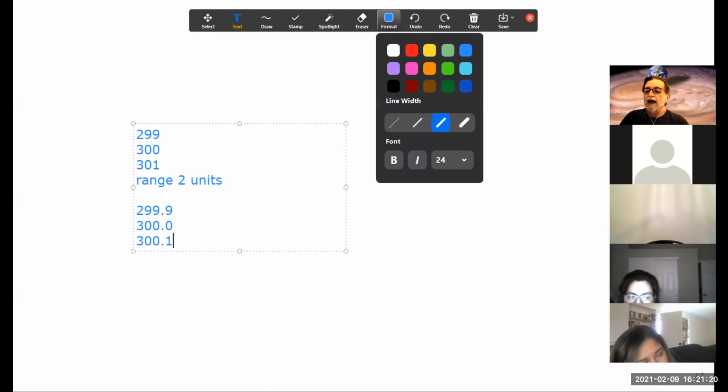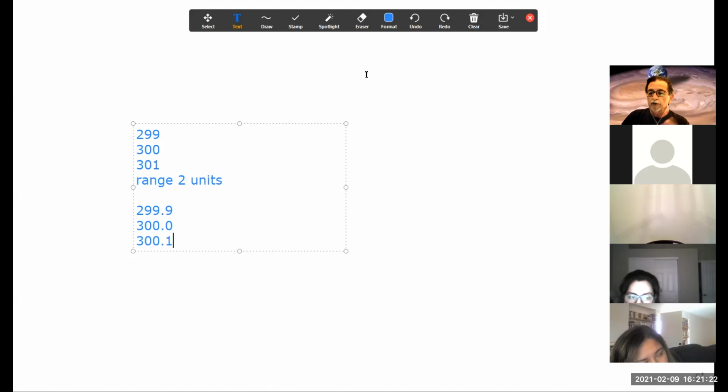So the second number offers more accuracy. It doesn't offer more value because 300.0 is still 300. But the second number to the 10th place offers more accuracy because we measured it with a tool that was a lot more accurate than the first number that we may have measured with, I don't know, a simple ruler.